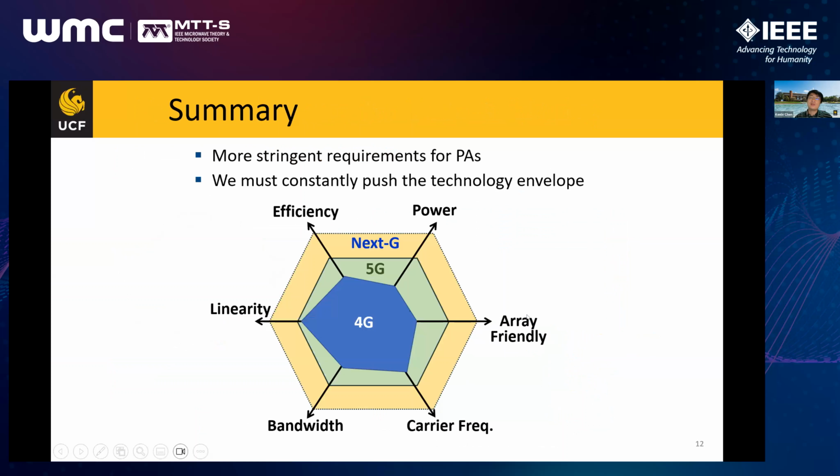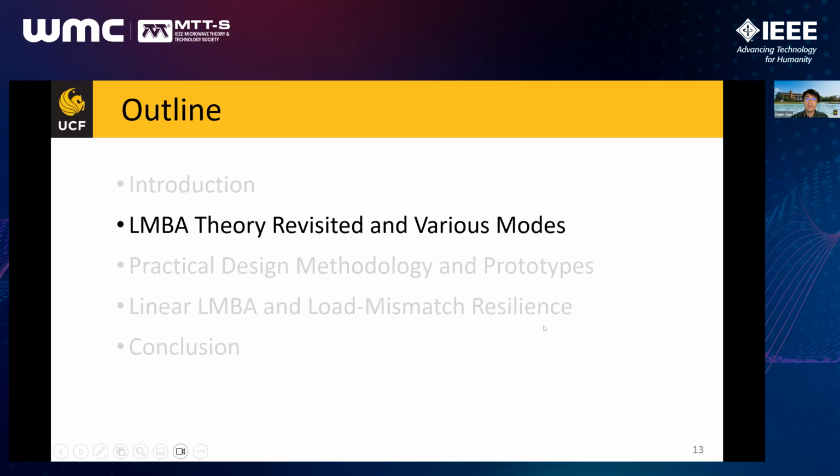So in summary, for the next generation power amplifier, we need to keep pushing the technology boundaries at different levels, in terms of the device, circuit architectures, and system levels, such that it can meet the ever increasing requirements in terms of efficiency, linearity, bandwidth, carrier frequency, output power, and most urgently, this array friendliness, such that it can tolerate the antenna impedance fluctuation in the array.